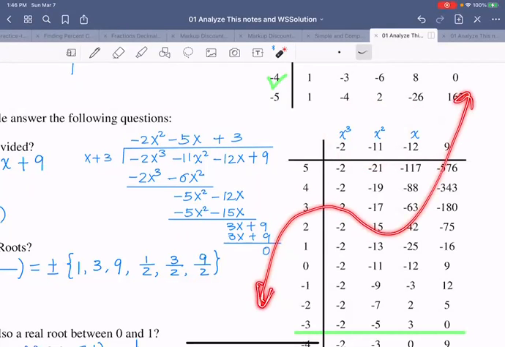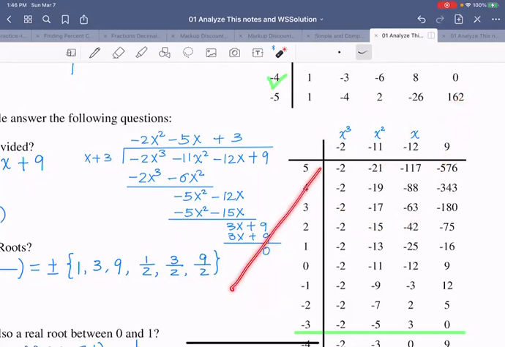All the functions we learned so far, like linear functions, quadratic functions, or polynomial functions, are all continuous.